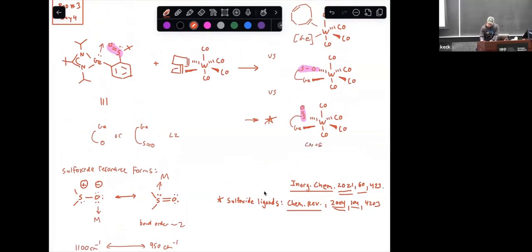Coordination number 6, and you said tungsten 0, so it's d6. Each carbon though I count as 2, 6 L-type ligands, 12 electrons. So overall it's going to be 18 electrons.